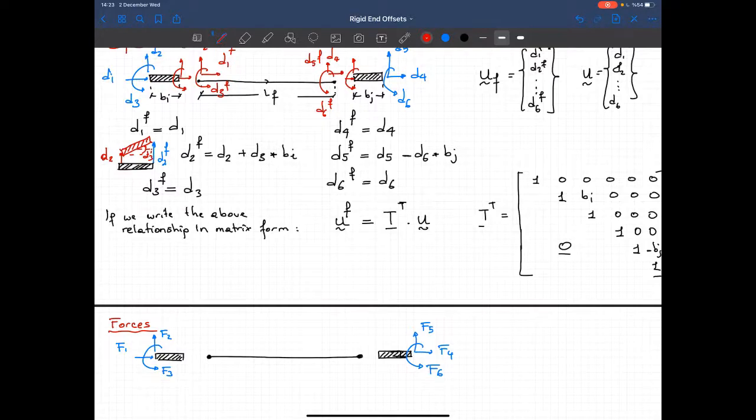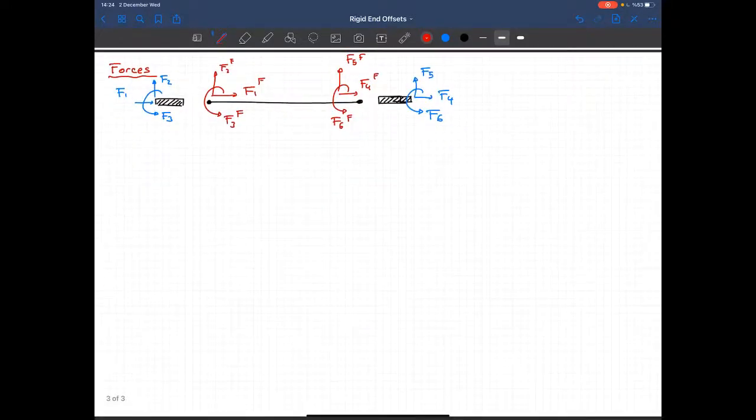Now let's show the forces at the end of the flexible part. F1F. Okay. Now I'm transferring these forces to the end of that member, so I should have the same force, but it should be in the opposite direction.